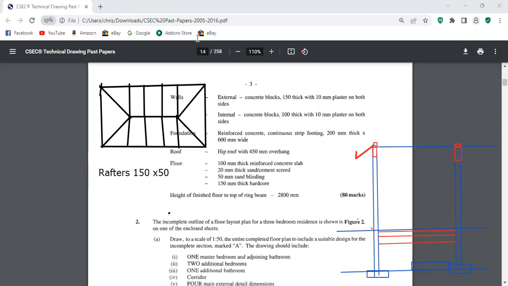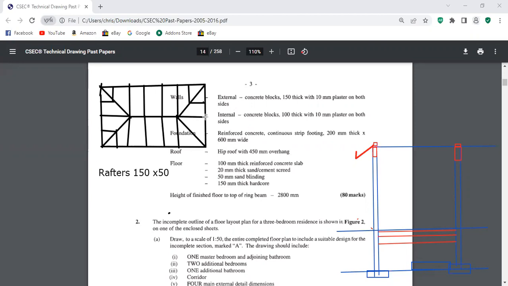And what else? We have two types of rafters. What are they? We have the full length rafters, which are called what? We have jack rafters and we have common rafters.